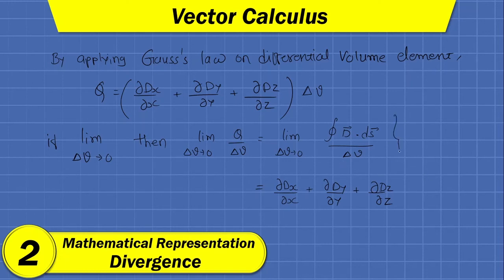This mathematical term is called divergence of d bar.